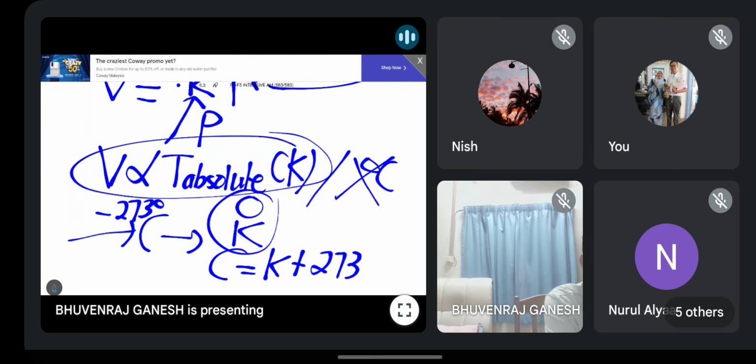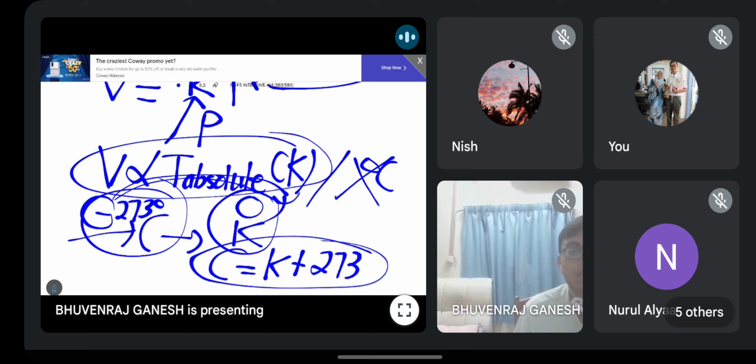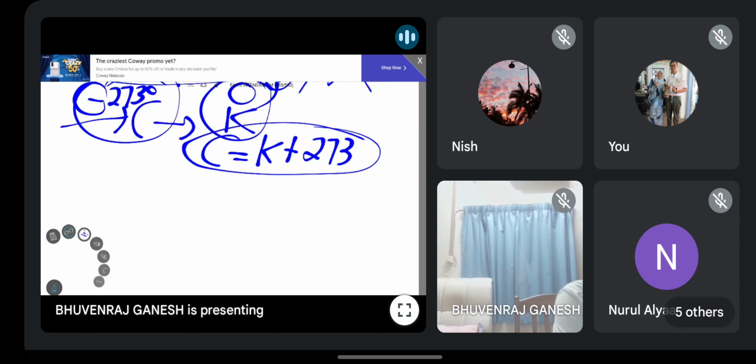Because when it is 0 Kelvin, you have negative 273 degrees Celsius. So you move this one to here. Because I want C equal to K, so you plus 273. Negative moves to the right, plus 273. So this is how you get this formula. Conversion. Okay? So now, from here, they can form questions.